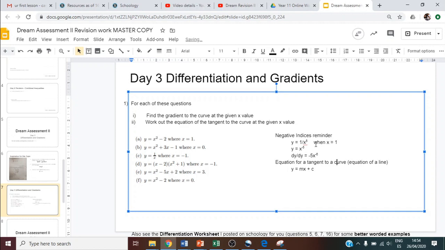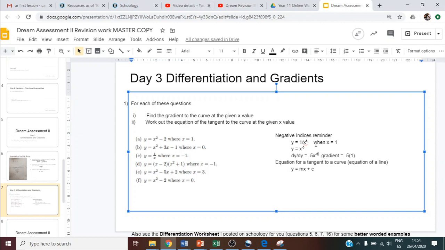Okay, so I'm going to substitute that in here to work out what my gradient will be. My gradient when x is equal to 1 would be negative 5 times 1 to the power of negative 6 minus 5 times 1.